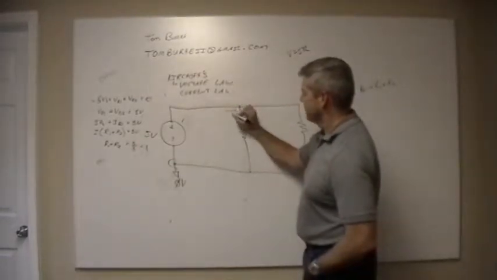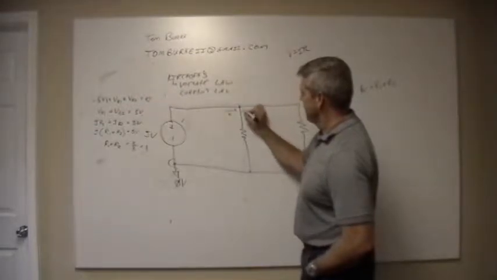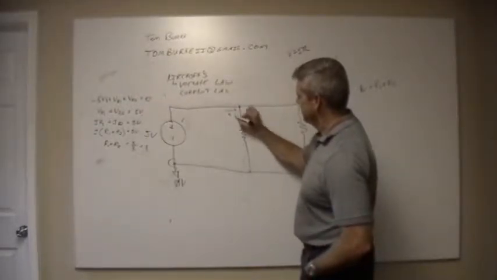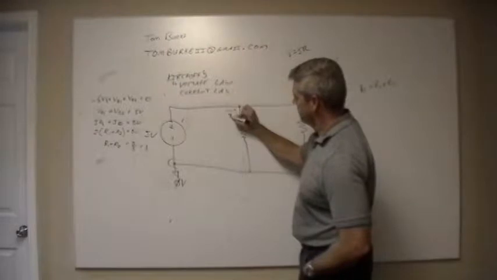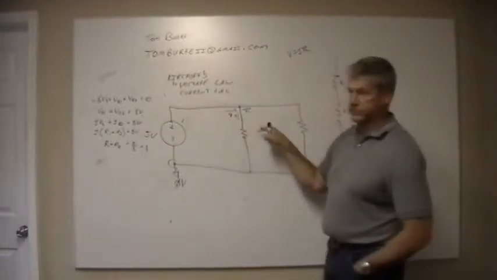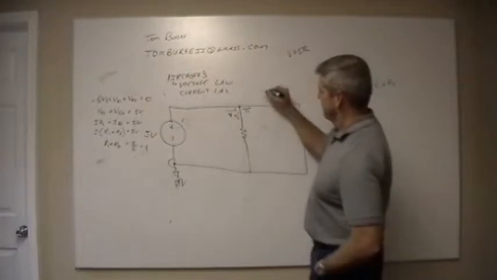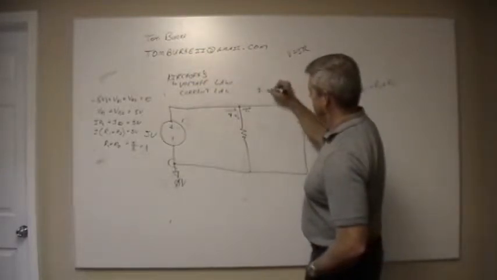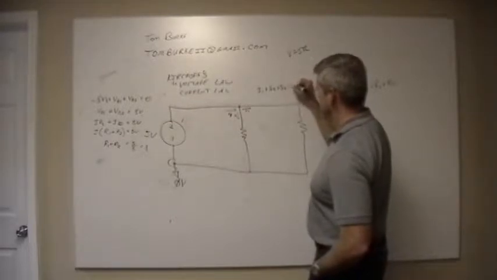So I have some current coming in here, and I have some current going here. That's supposed to be a 1. And that's a 2, I2. And here is equal to 0. So this means that I1 plus I2 plus I3 equals 0.